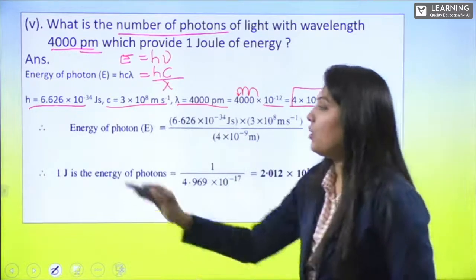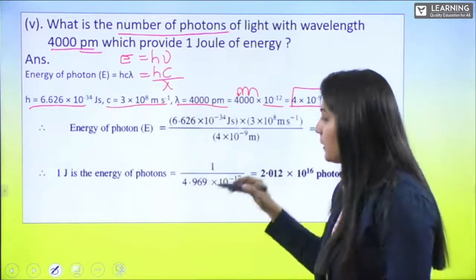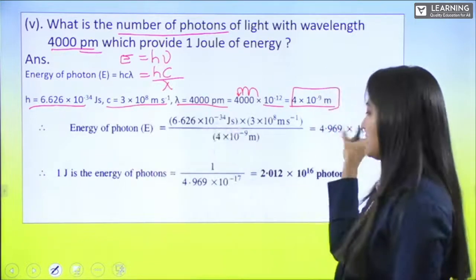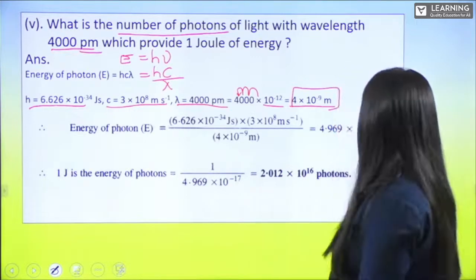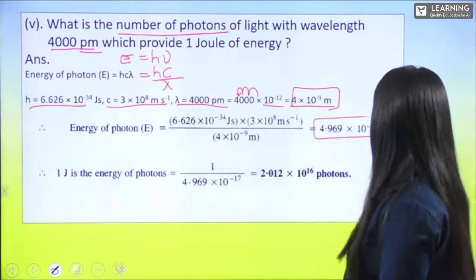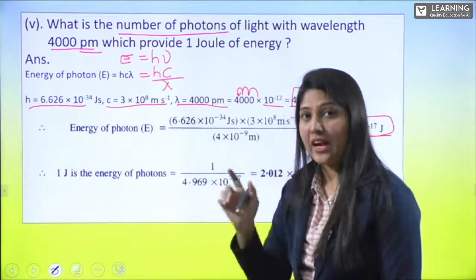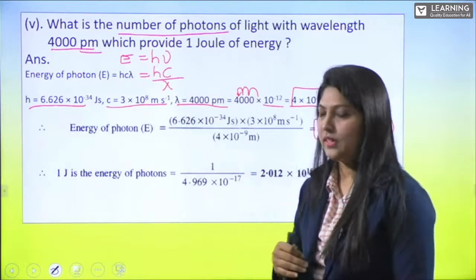So this is the energy of one photon, what we got. For 1 joule, how many photons do we have to find out.